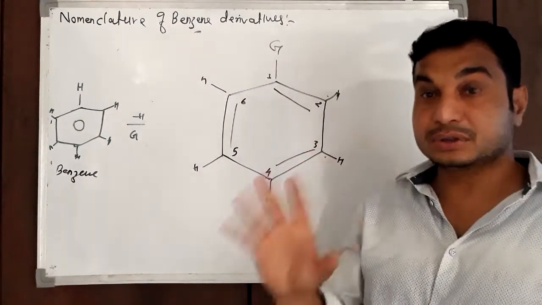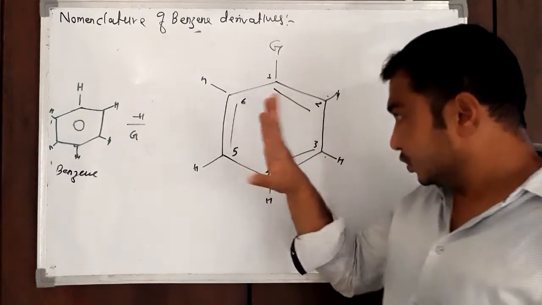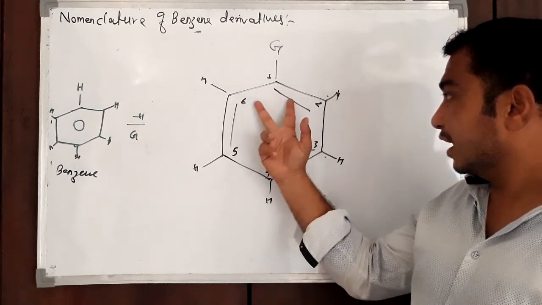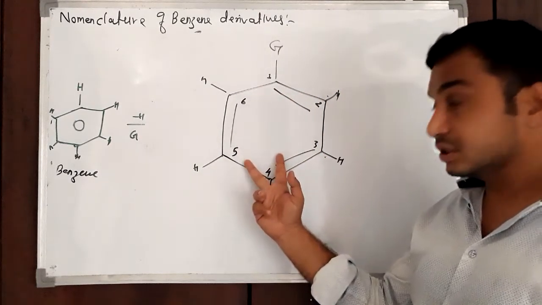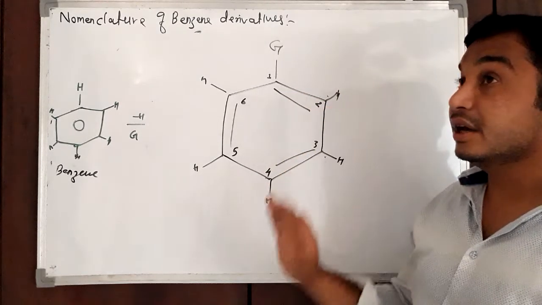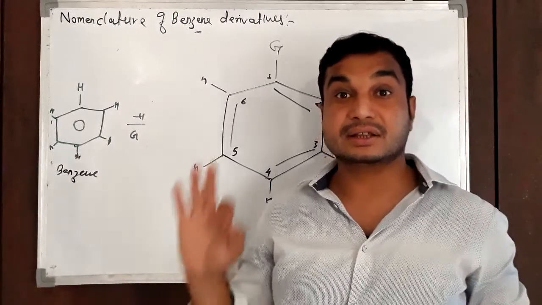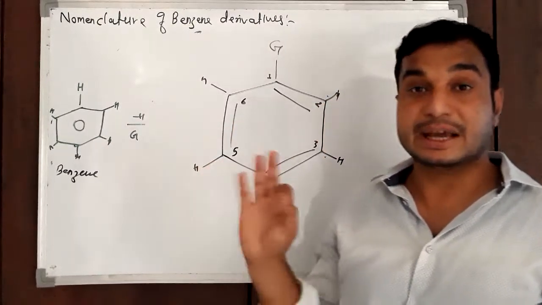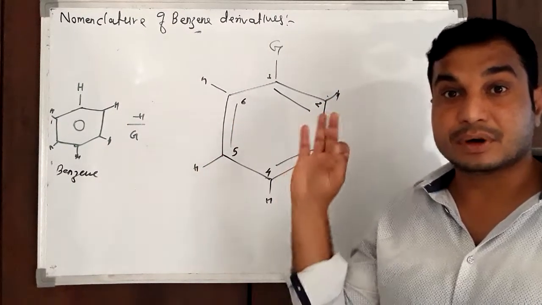Two of these carbons are of one type, the next ones are of another type, and the third is different. So in monosubstituted benzene, there are 3 types of carbon and 3 types of hydrogen.